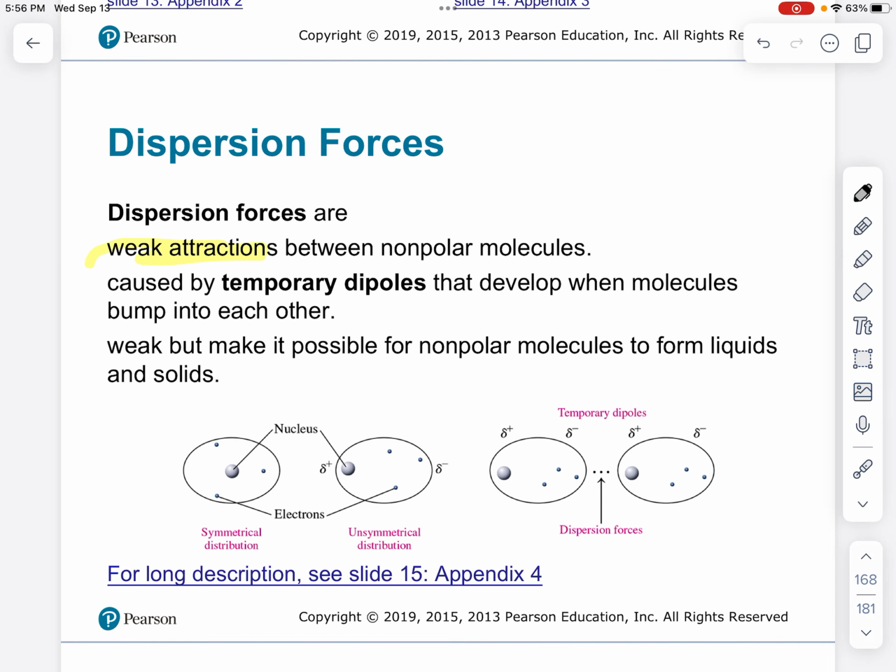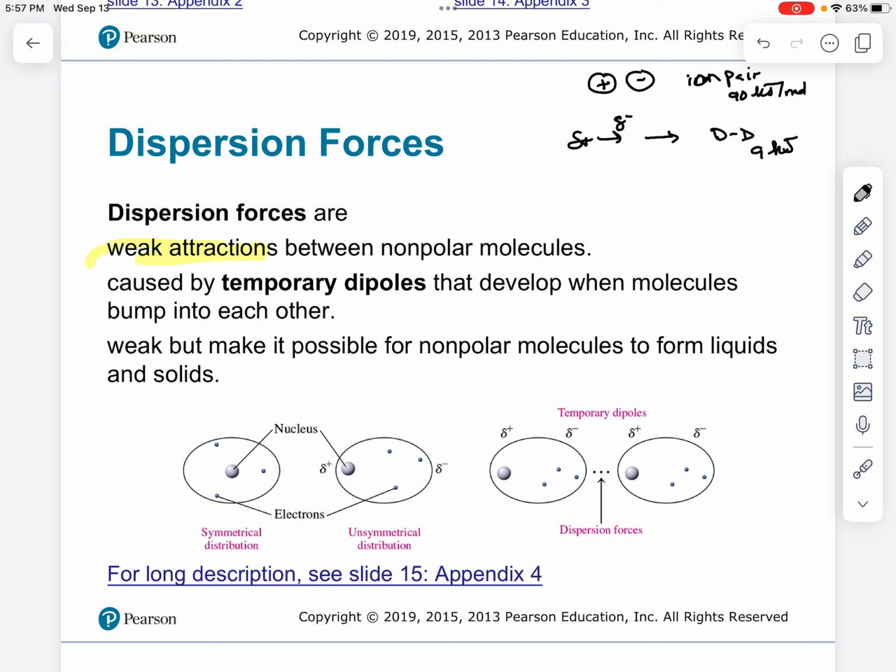So just to put a face on it, the strongest interaction we would call an ion pair. And those have about 90 kilojoules per mole of attraction. If you have a dipole-dipole interaction, that's about 9 kilojoules per mole.